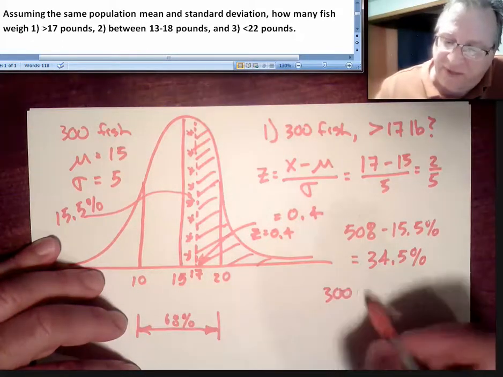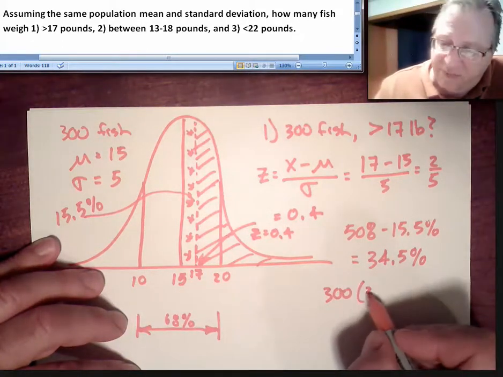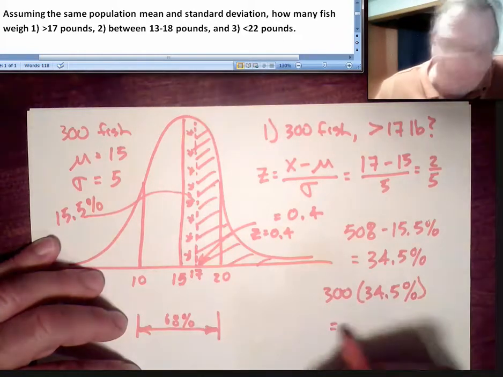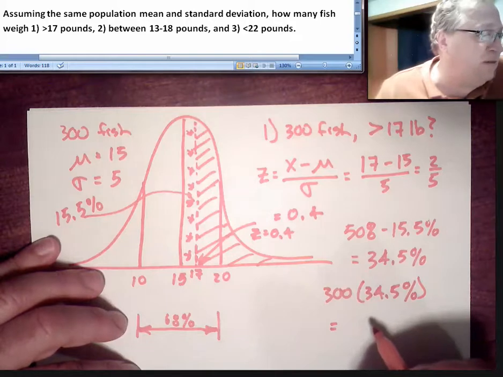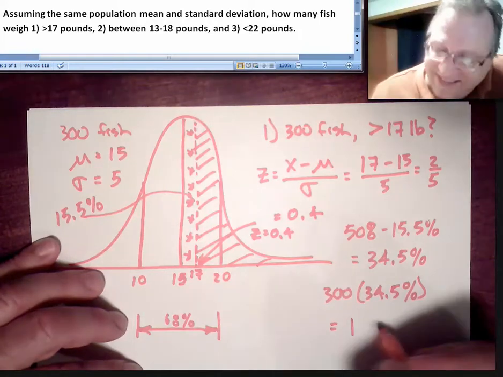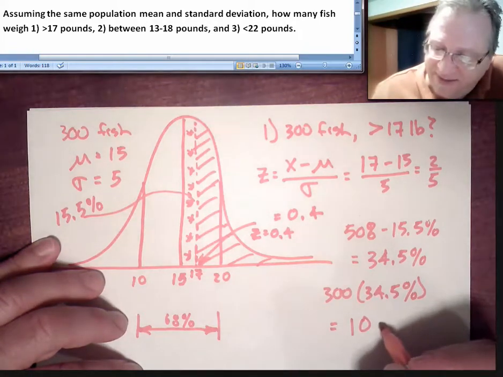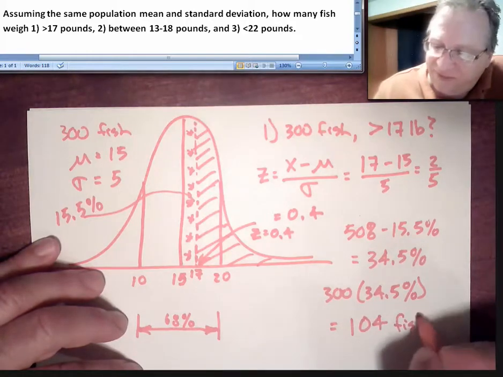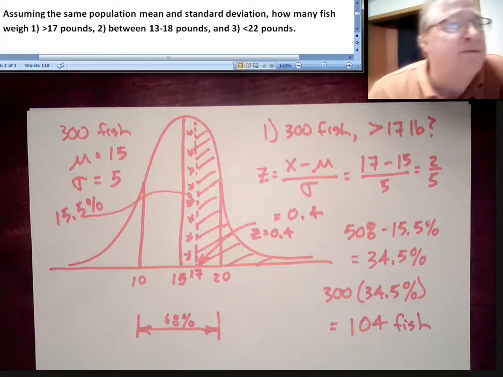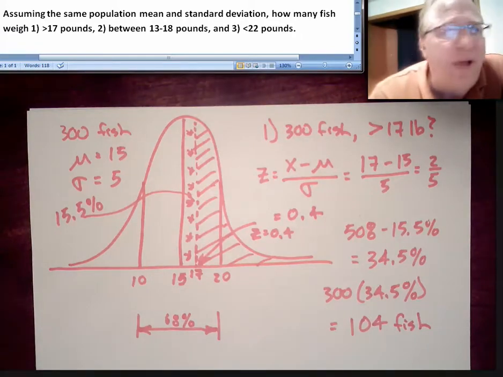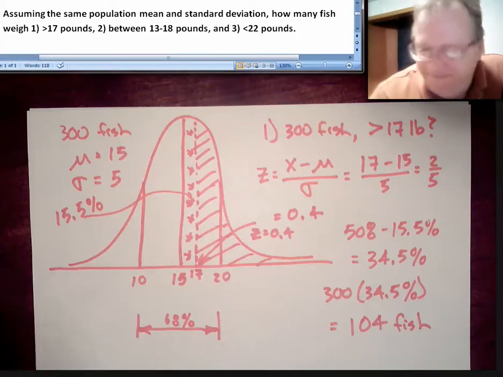So once again, we can take our 300 fish, multiply by 34.5%, and we'll find that that is 104 fish. That's our answer. Of 300 fish, we would expect 104 of them to weigh more than 20 pounds.